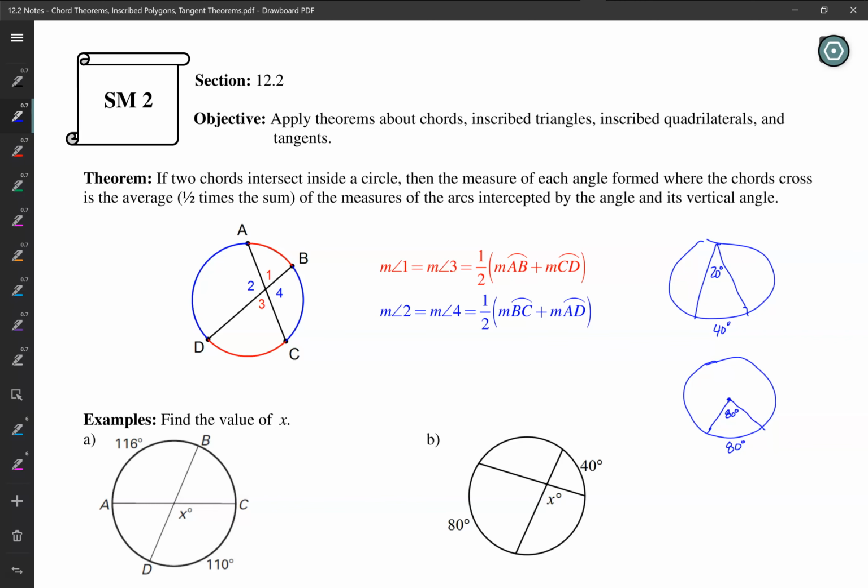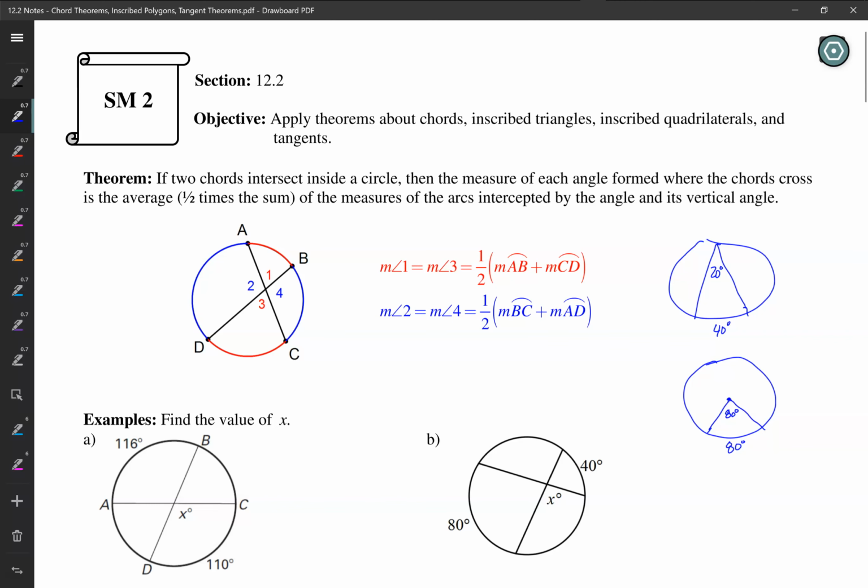And that happens when you have two chords, the segments that have endpoints on a circle, and they cross inside a circle and they form a set of four angles in here. We are interested in the angle measures of these four angles, angle 1, 2, 3, and 4.